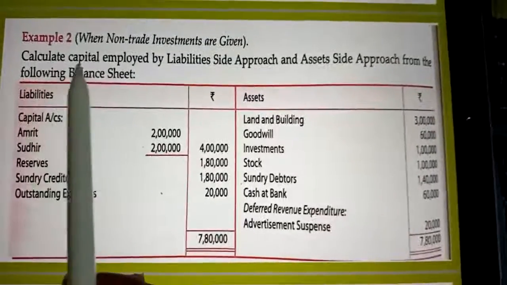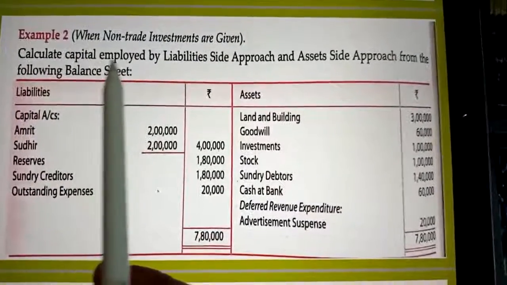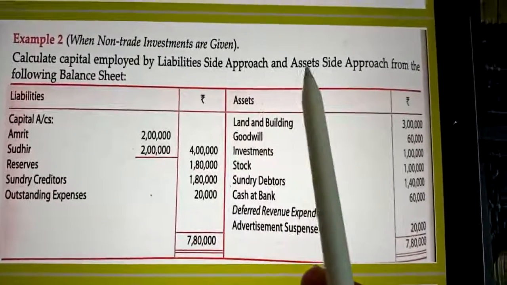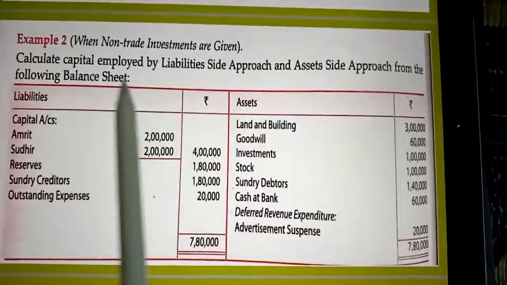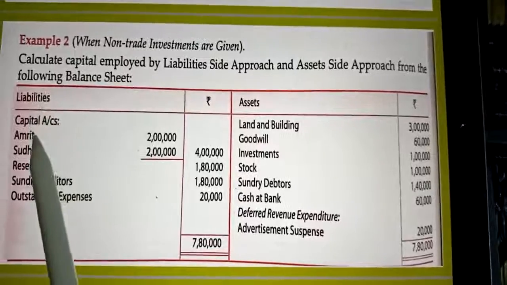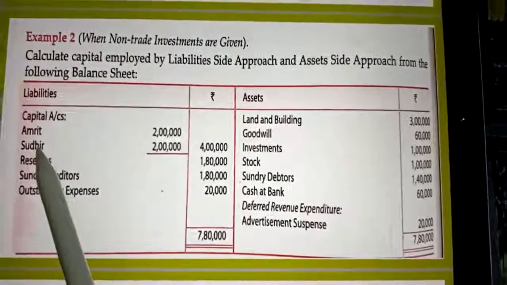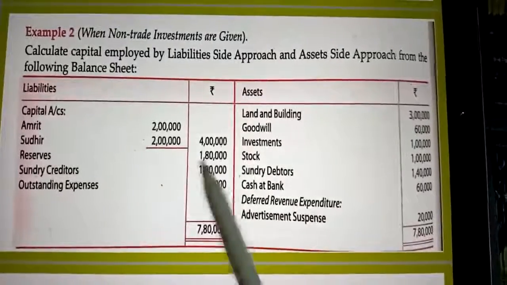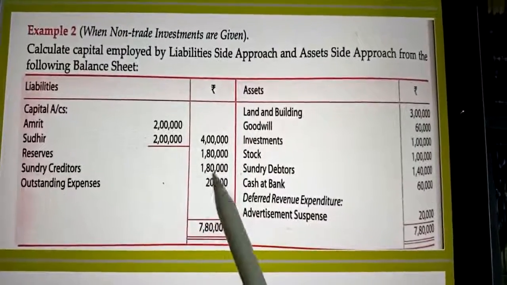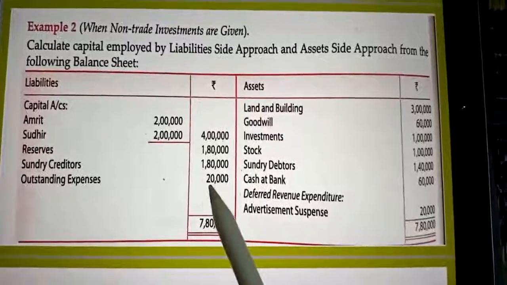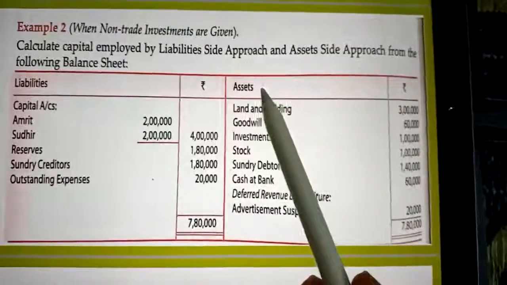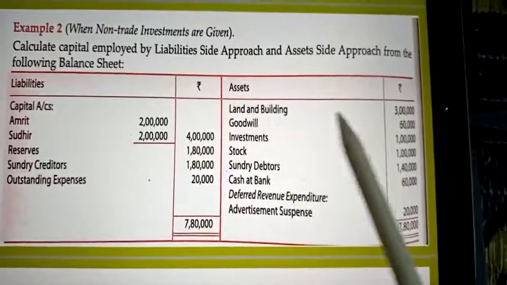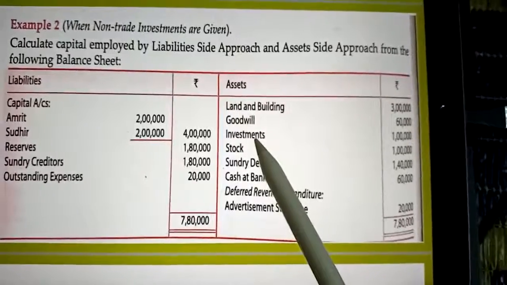In this question, we have been asked to calculate capital employed by liability side approach and asset side approach from the following balance sheet. On liability side, capital of Amrit and Sudhir is given 2 lakh, 2 lakh. Then reserves are 1,80,000, sundry creditors 1,80,000 and outstanding expenses are 20,000. Then on asset side, land and building is given, goodwill, investments.